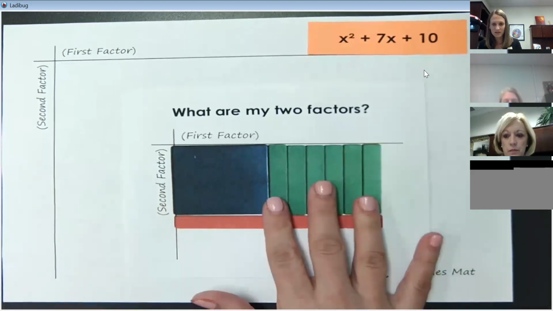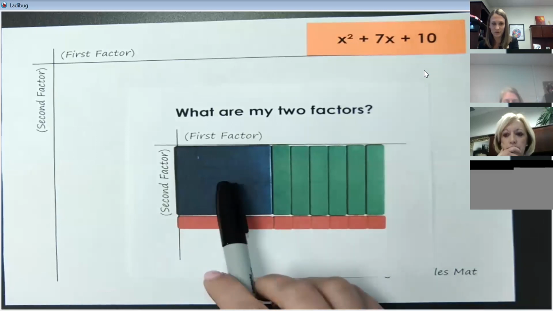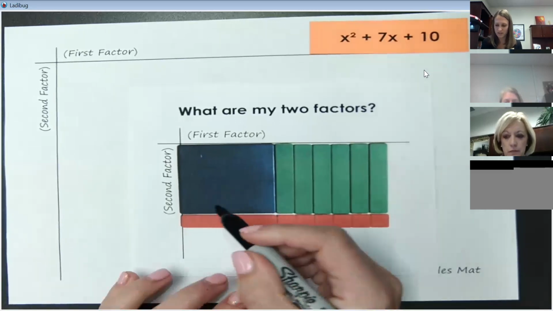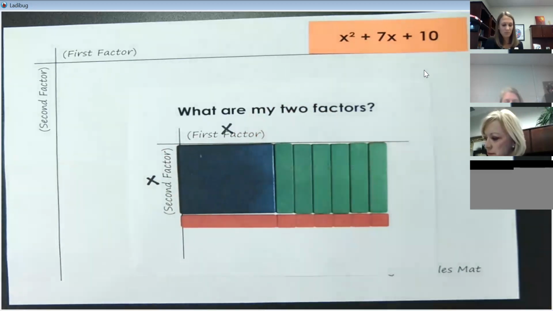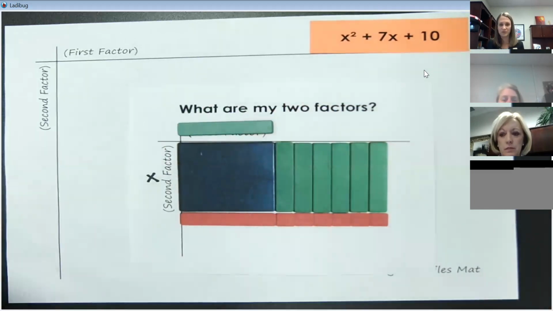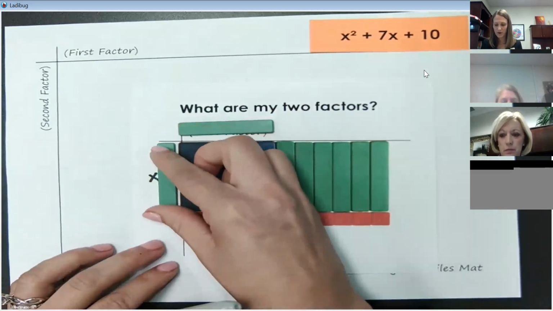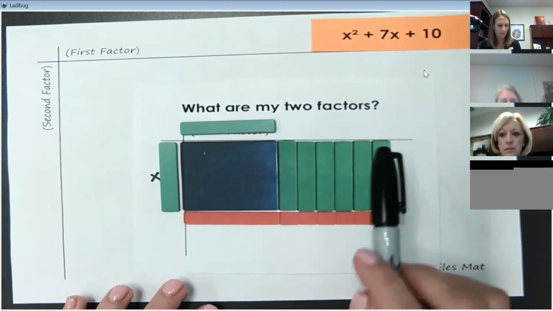So I would ask students to look at this and decide, well, what are my factors really? What should they be able to see? Okay, well, we have x squared. So students should be noticing that we really have x being multiplied by x. And we could model that if we wanted to, using a tile. So we could have them prove this if we wanted to. Okay, so we've got that part. We also see we have 1, 2, 3, 4, 5, 6 positive units.